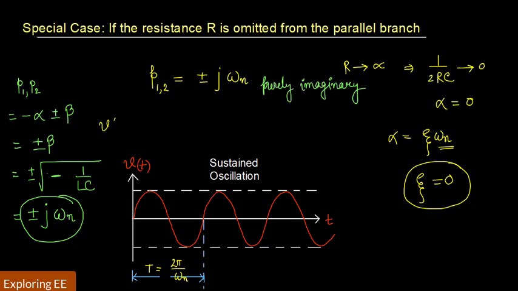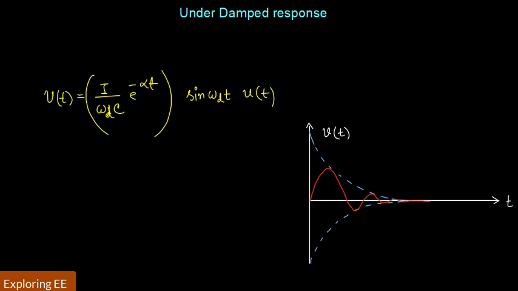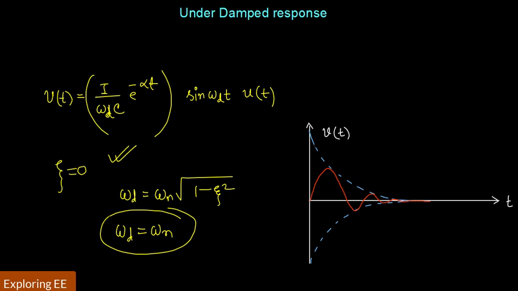The expression of voltage across the RLC branch for this case can be obtained from the expression of underdamped response. If zeta equal to 0, omega d will become omega n times of under root 1 minus zeta square, we know that. So for zeta equal to 0, omega d will become equal to omega n and alpha is 0.